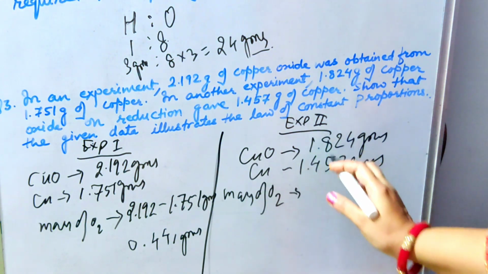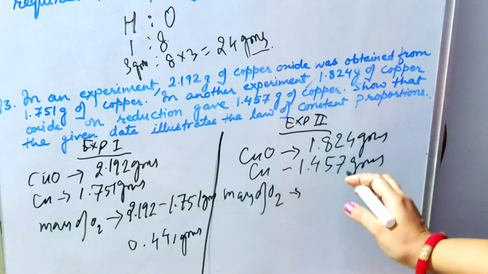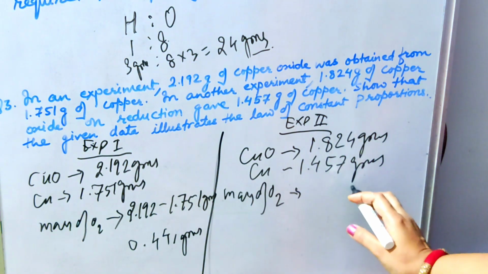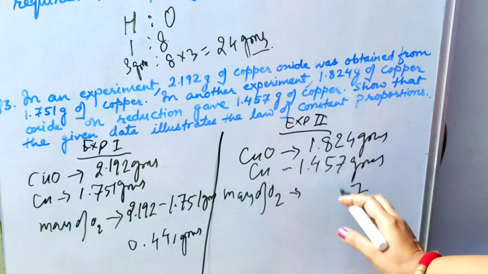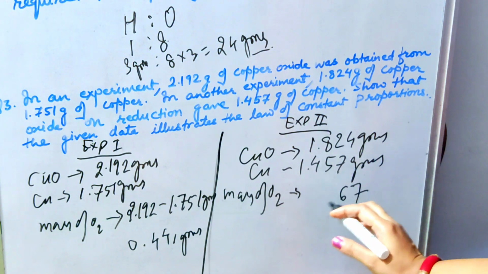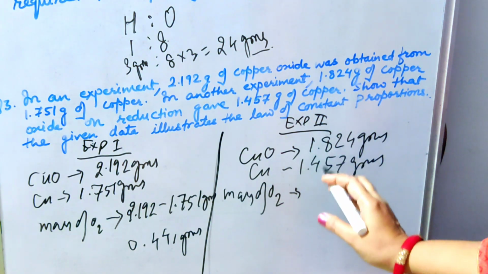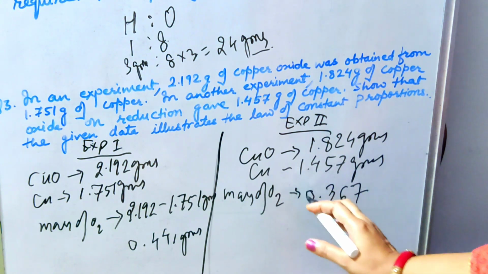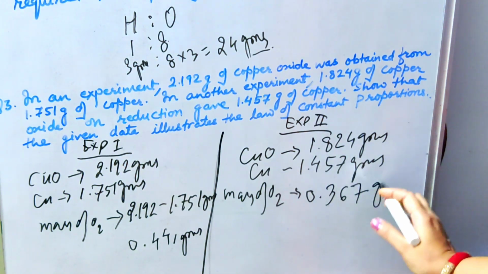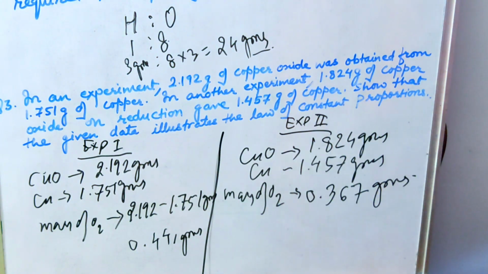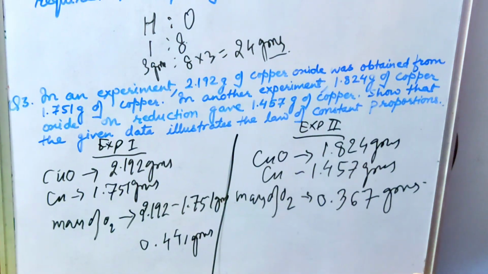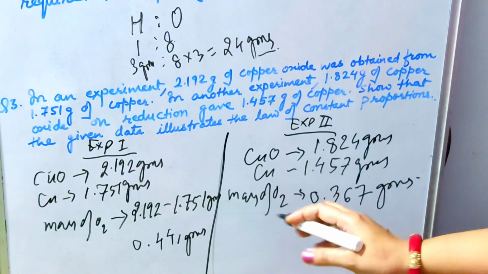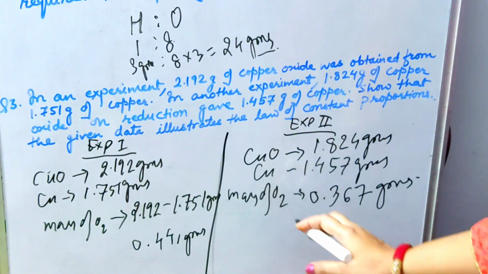When you do the subtraction, it will be 0.367 grams in this case. Fine. So this is how you can make out the mass of oxygen.